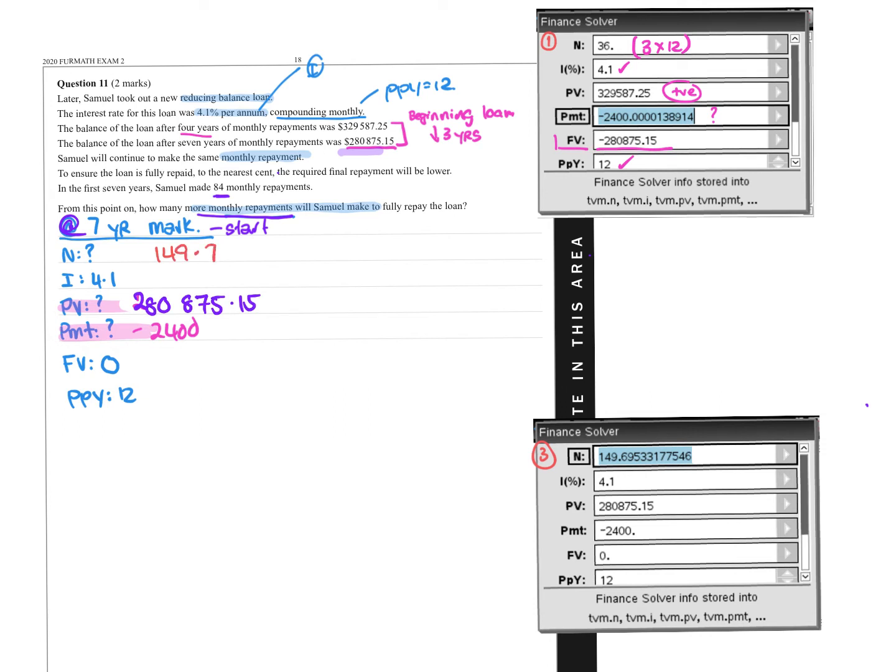Now you haven't paid it off, so it says how many more monthly payments. So you haven't paid it off on 149, so you need to round up and say, even though they haven't said the last payment will be adjusted, you will adjust the last one, but it's still a payment. So you'd say 150 more payments.